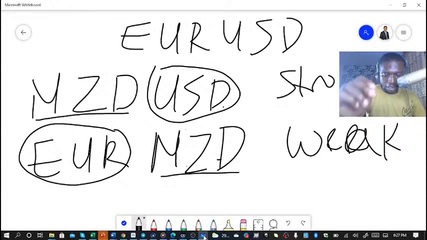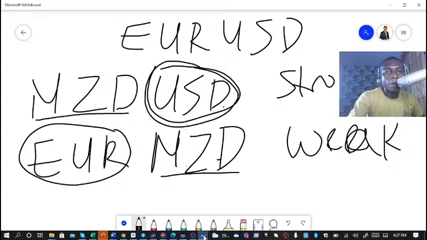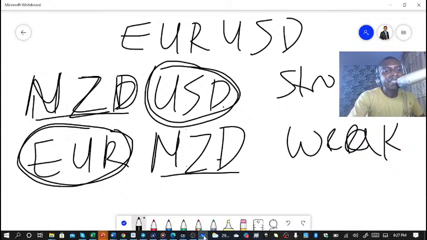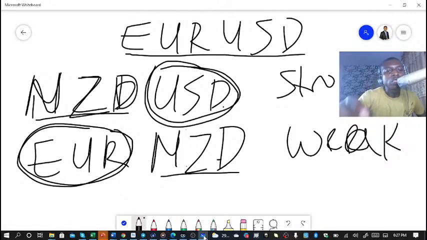So if the dollar is strong compared to the New Zealand dollar, and the euro is weak compared to the New Zealand dollar, and you want to trade euro USD, what do you think you'll be doing?